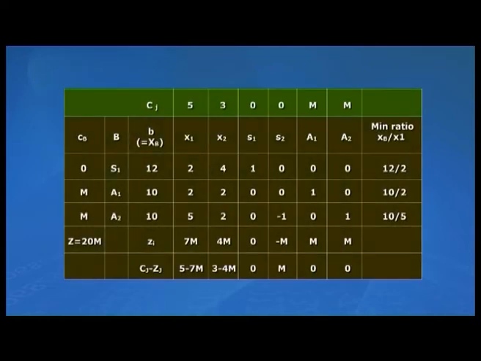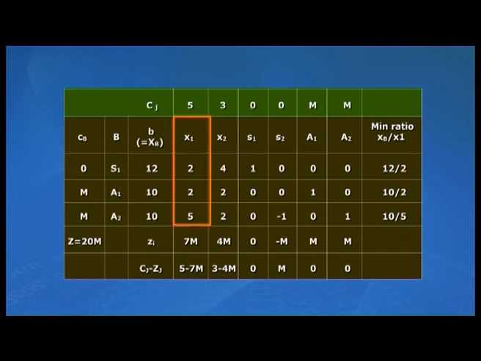The initial basic feasible solution is given in the table. Cj is equal to 5, 3, 0, 0, M, M. The coefficients of basic variables Cb are 0, M, M. Variables in basis B are s1, a1, a2. The solution values xB are 12, 10, 10.